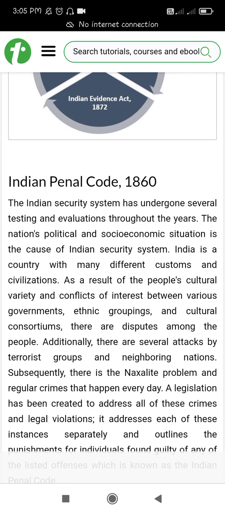Indian Penal Code 1860. The Indian security system has undergone several tests and evolutions throughout the years. The nation's political and socio-economic situation is the cause. India is a country with many different customs and civilizations.